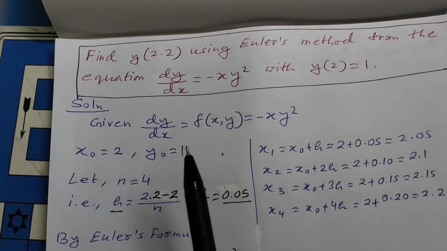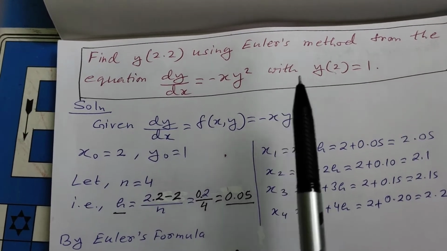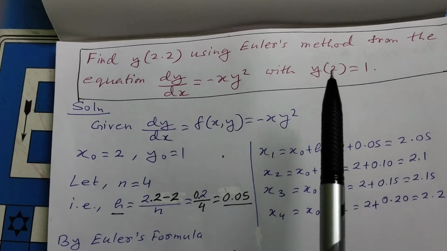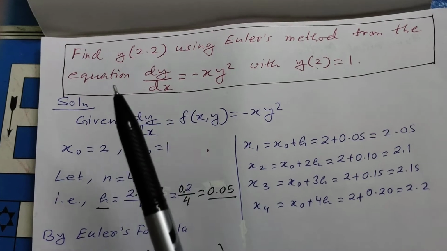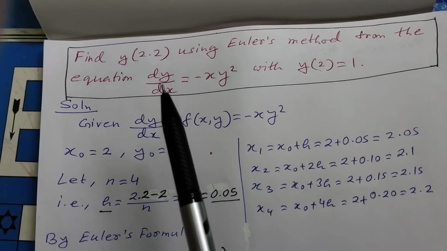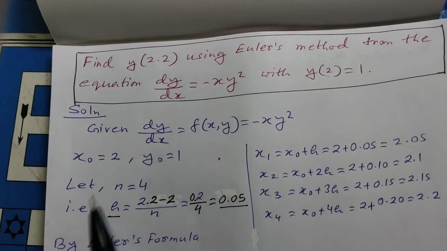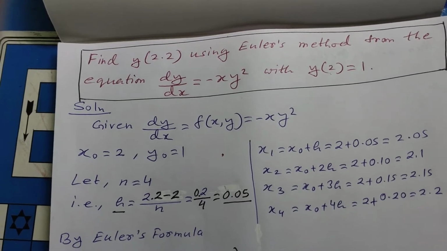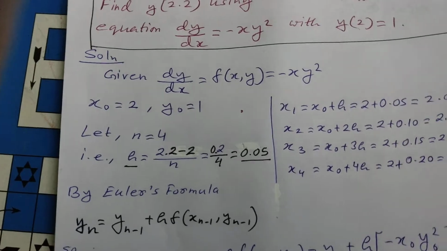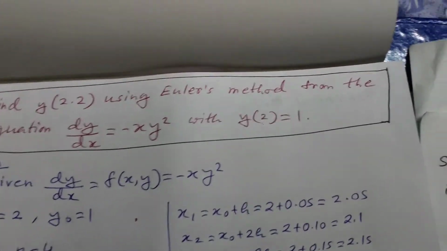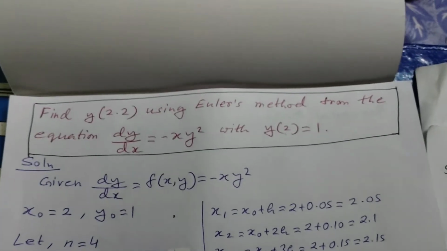Now we can see that the value of x is given as 2 and we have to find y(2.2). So what is the difference between 2.2 and 2? It is actually 0.2, right?